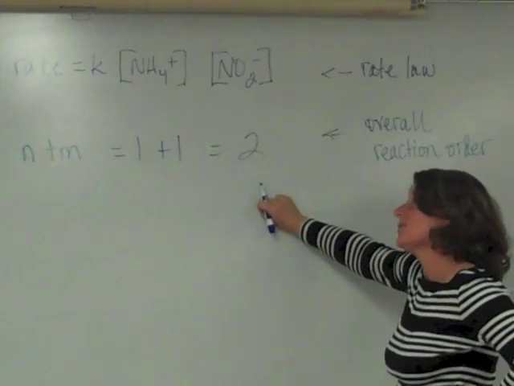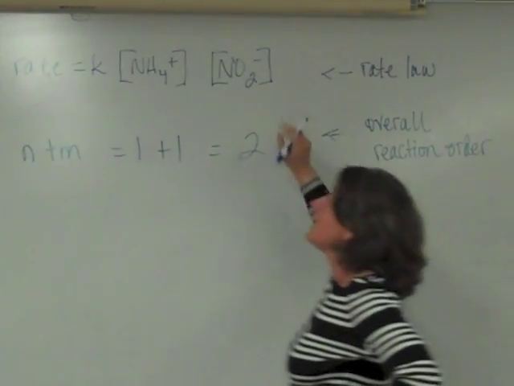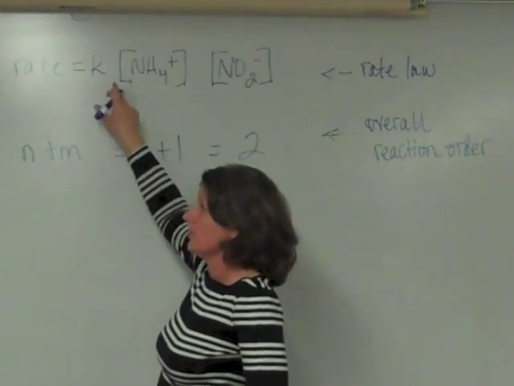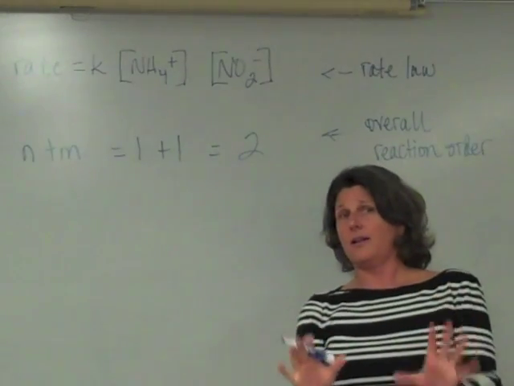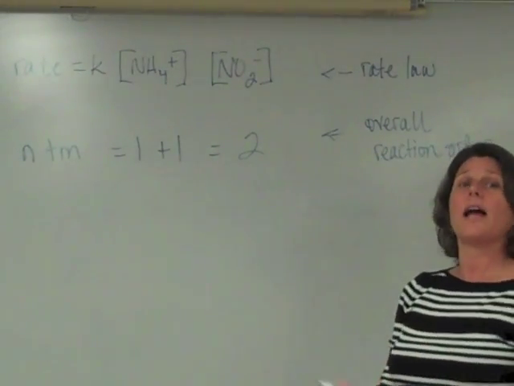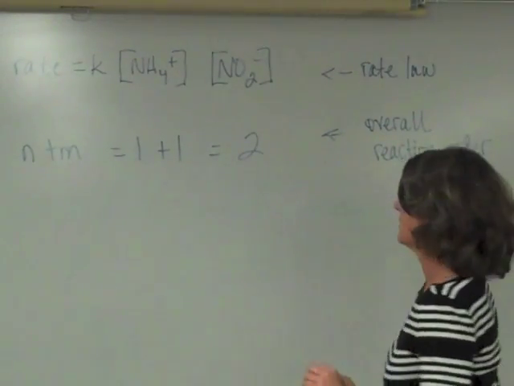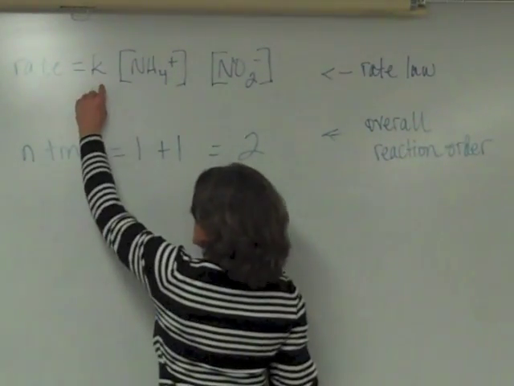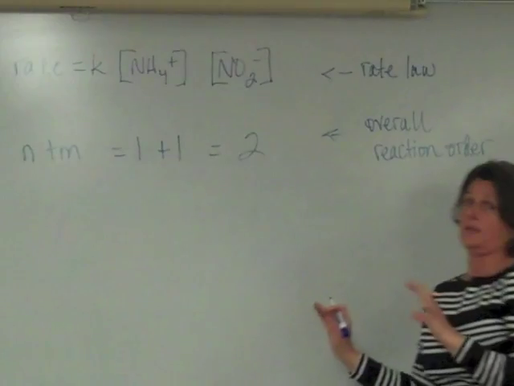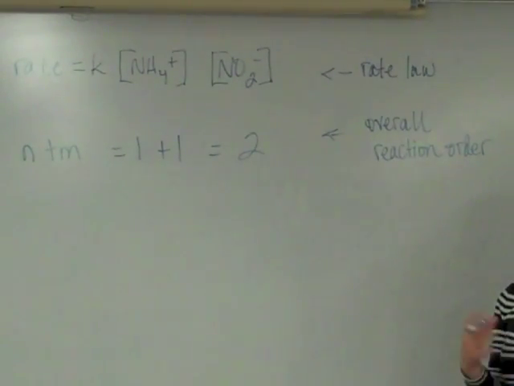And the last thing we need to do is determine the value of k, keeping in mind that as long as temperature and pressure stay constant, this is an actual rate constant, right? The value of k will always be the same.